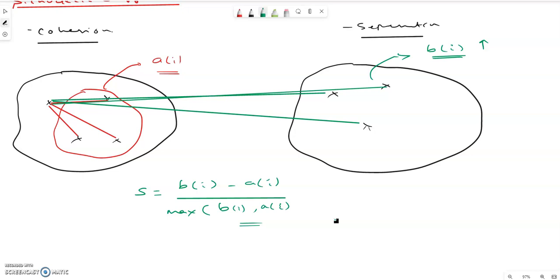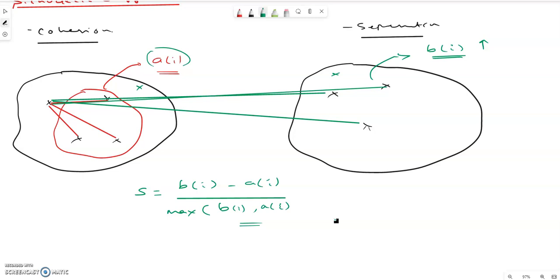Suppose b(i) is lesser than a(i), in other words a(i) is greater than b(i), that means some of the points from a(i) got mixed with the points in b(i). That means it's not performed well here and it gives a bad performance clustering algorithm model. So that is the case when a(i) is more than b(i).